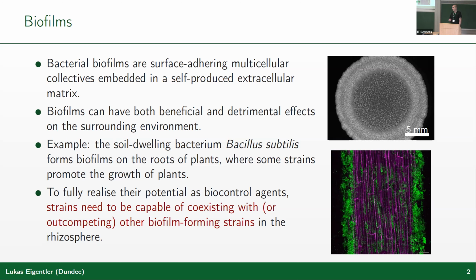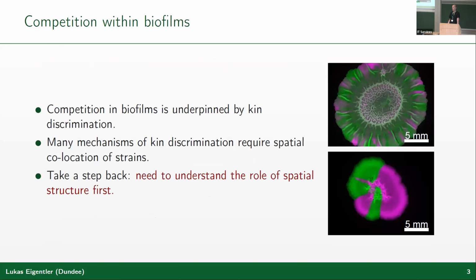But obviously, if you're a company selling such a biocontrol agent, for that agent to be successful, it not only needs to be able to complete the intended task when forming a biofilm on the root, it actually needs to be able to form a biofilm, meaning that it needs to be able to establish itself in the community or even outcompete other bacteria, and in particular other Bacillus subtilis strains that are already present in the soil. And this really motivated us to study competitive dynamics.